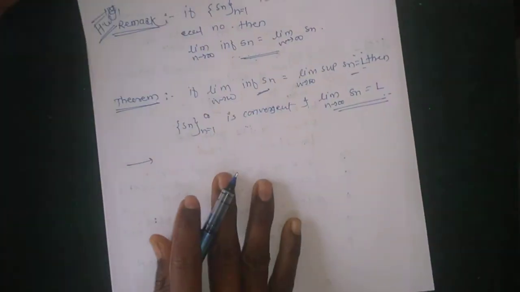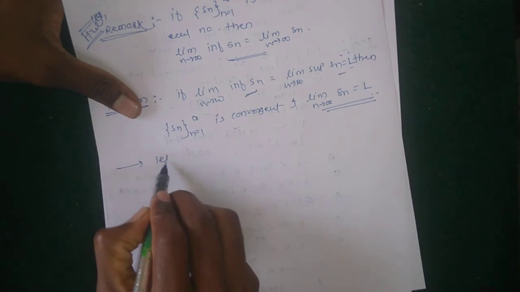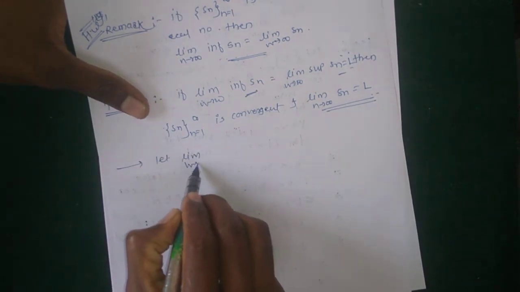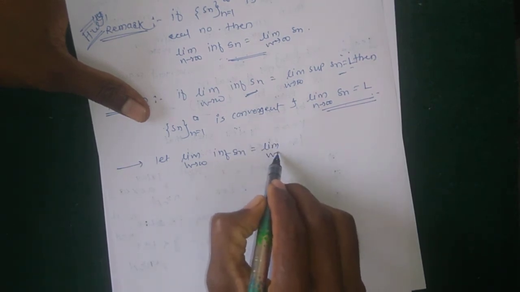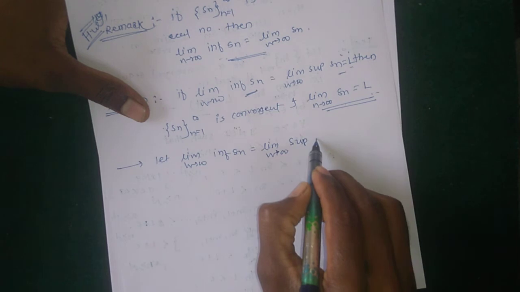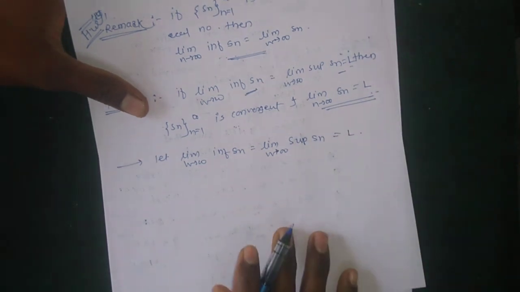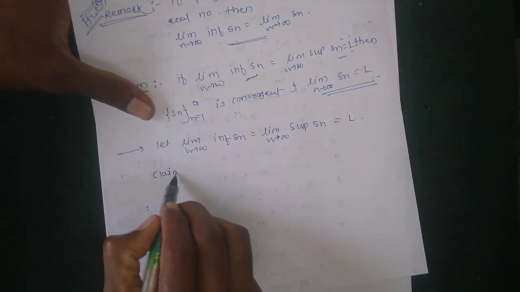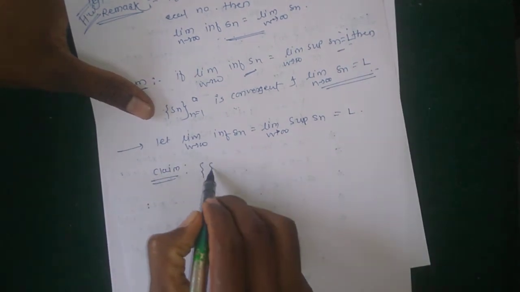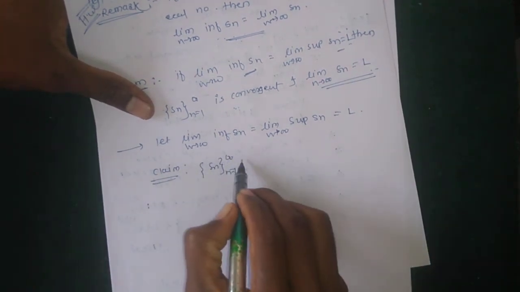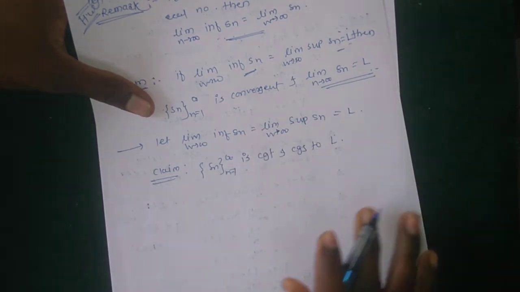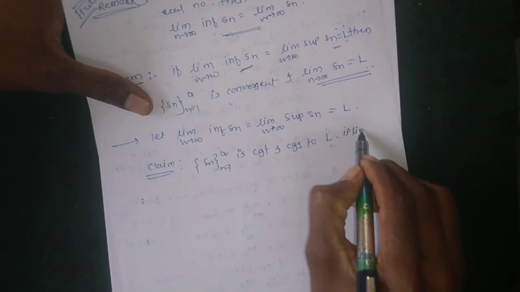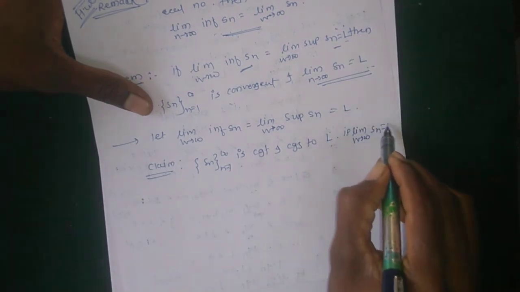Take firstly the given part: let the limit as n tends to infinity of the infimum of Sn be equal to the limit as n tends to infinity of the supremum of Sn, which is equal to L. Our claim is that the sequence Sn is convergent and converges to L, that is, the limit as n tends to infinity of Sn is L.